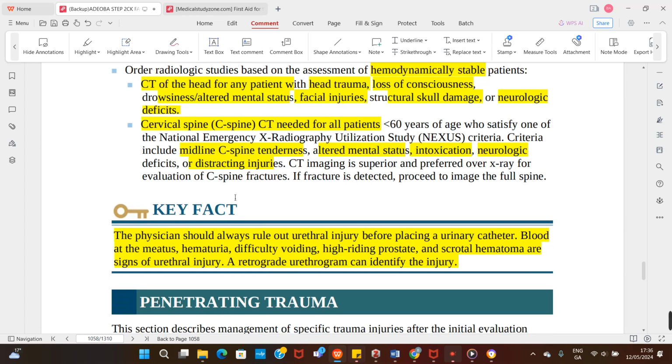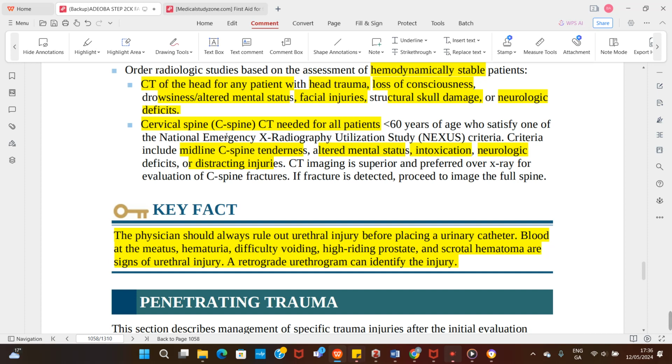Then the important one is also the cervical spine. Cervical spine is very important. It should be part of what you consider when you are doing your airway treatment in the primary survey. Like I've said, if you might want to do an endotracheal intubation, you might need to do a manual stabilization.